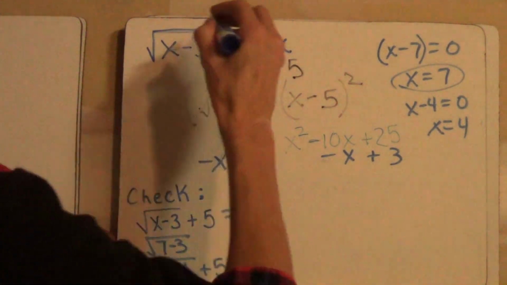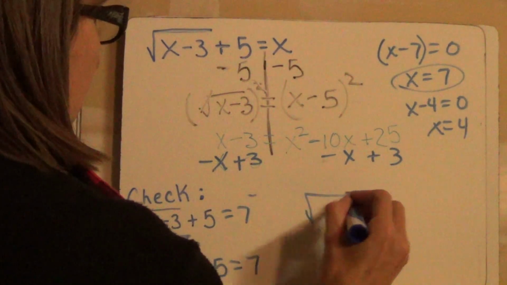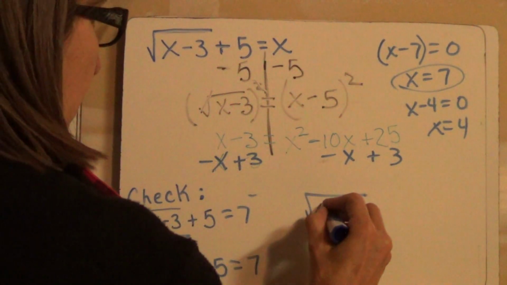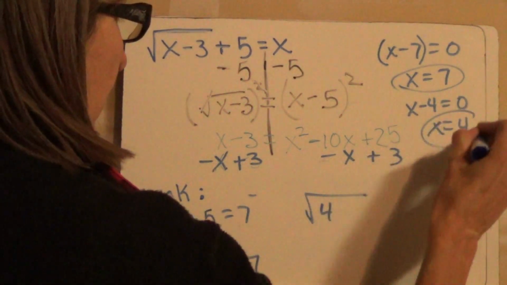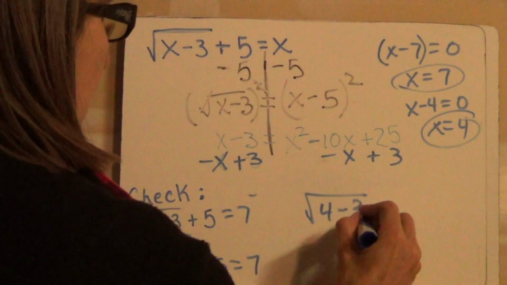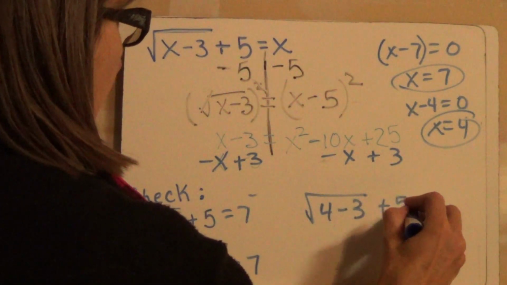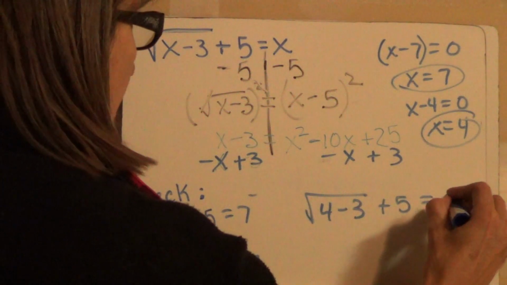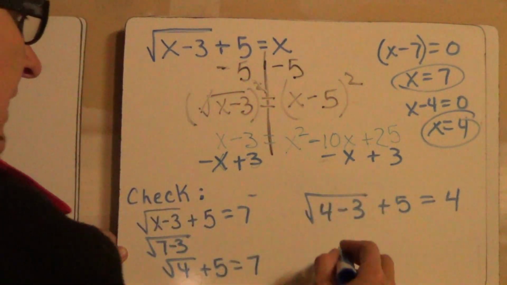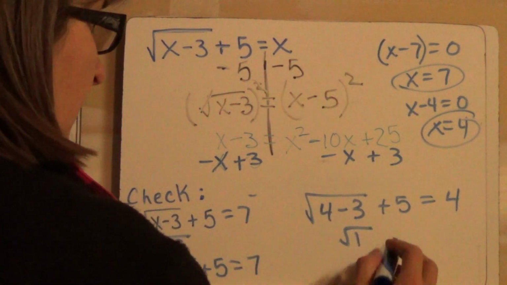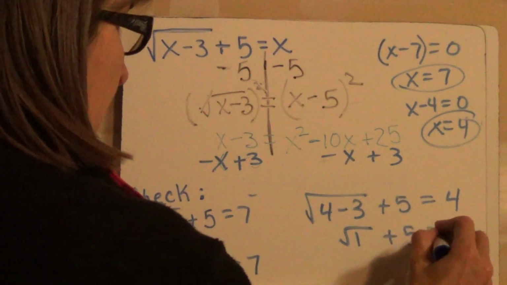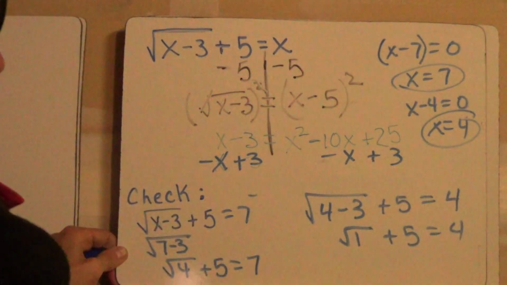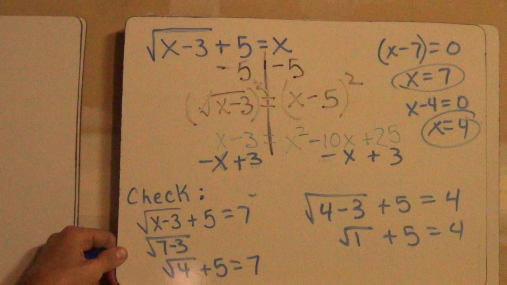Okay, now we look at the next one. Square root of x minus 3, this answer being 4. 4 minus 3 is the square root of 1. Plus 5 equals 4? 1 plus 5, does that equal 4?